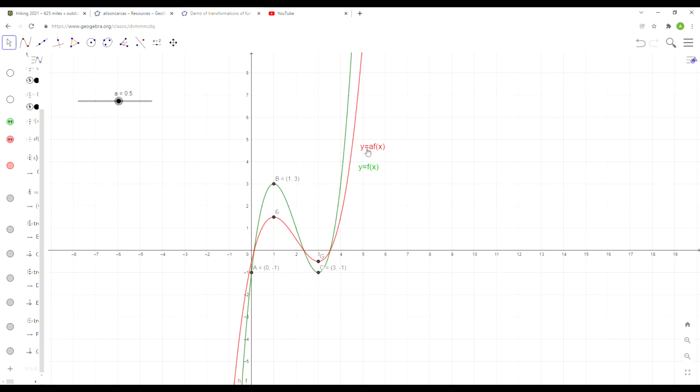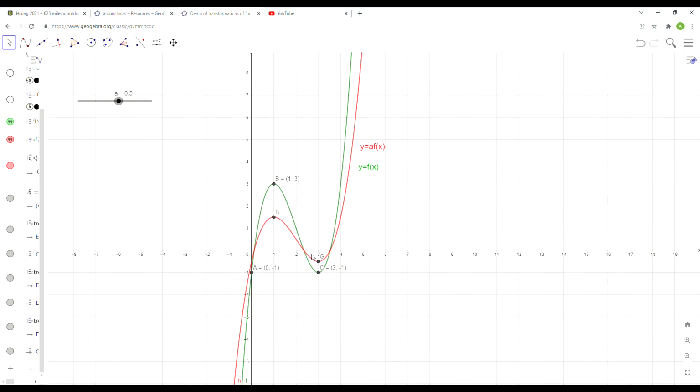So where we had point B was (1, 3), now it's (1, 1.5). We've halved the height of this. Where we had f of 3, which was minus 1, well, a half times f of 3 is going to be minus a half. So what we've done there is we have halved the amplitude of the curve.